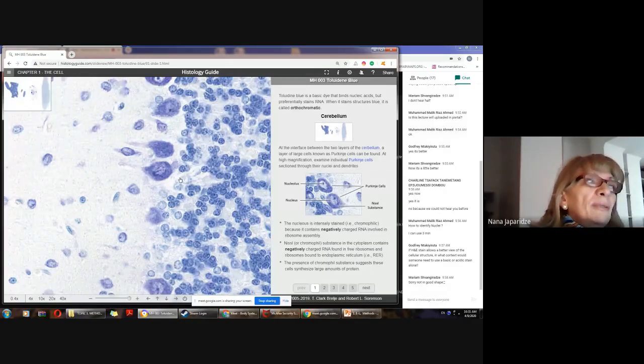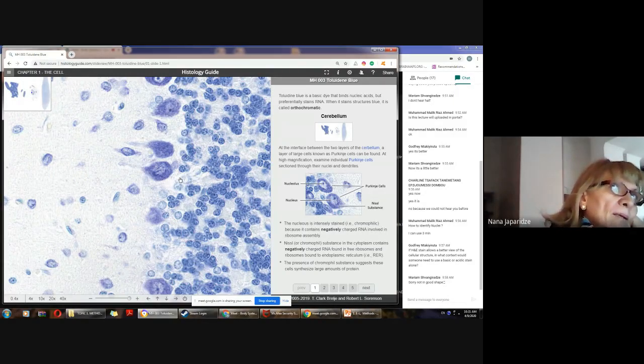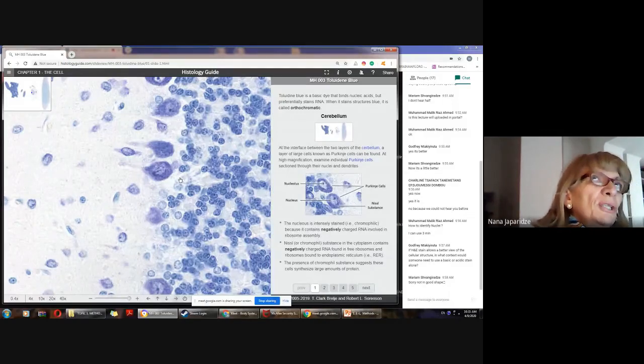Or, for example, in the case of connective tissue, we want to identify types of connective tissue. We have many types of connective tissue. And when we are talking about the loose areolar connective tissue, for example, we have the reticular tissue.